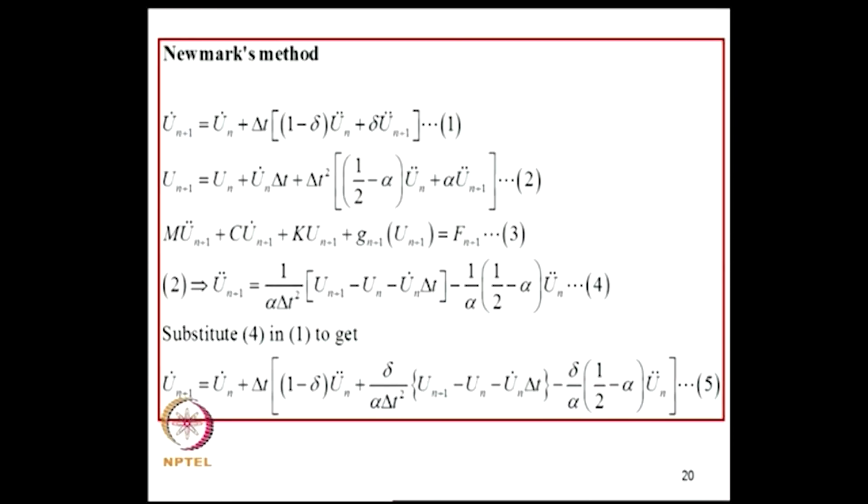So, let us see what happens to Newmark's method. The representation for velocity and displacement remains the same, and the equilibrium equation at t equal to n plus 1 will now have this new term.